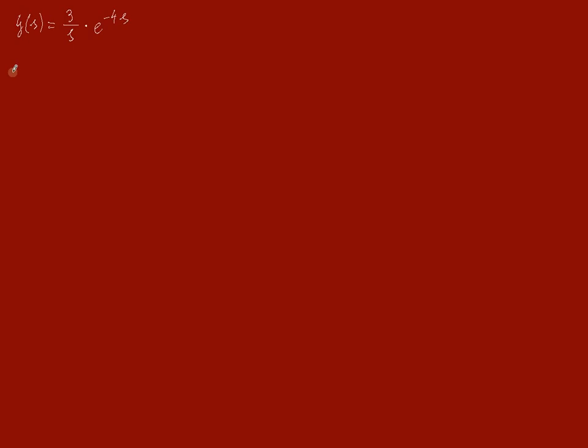Here I would like to remind you that in the case of a delay, we first perform calculations for the non-delayed function, and finally, when we have the appropriate result, we apply the substitution.